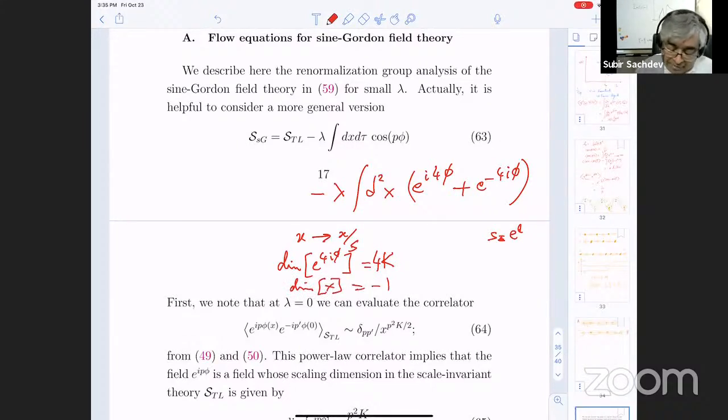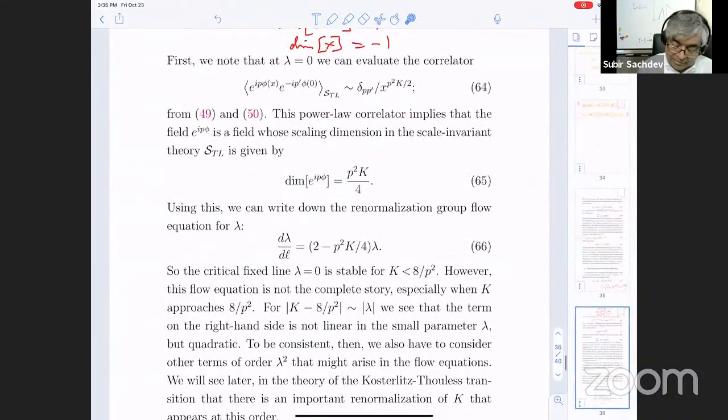And now you just add up the dimensions here. You have dimension of x, this gives you -2, this gives you 4k. And the dimension of the whole thing, the action, must always be 0. So the dimension of lambda is 2 minus 4k. And lo and behold, you get this equation here. Well, I wrote it down for general p.